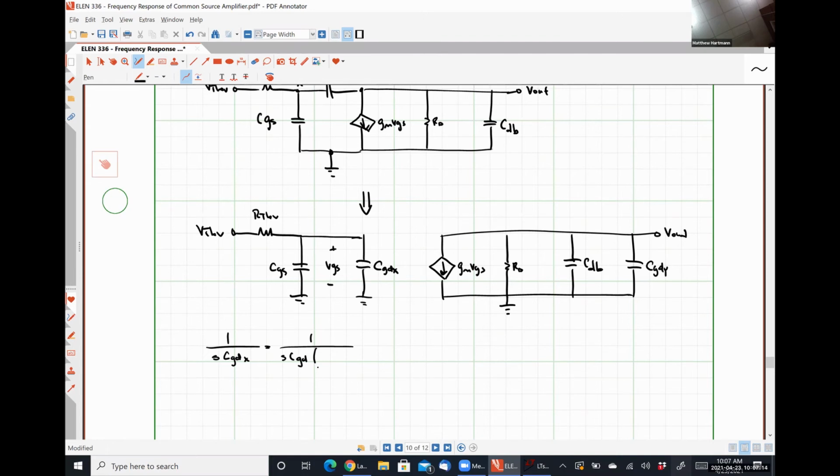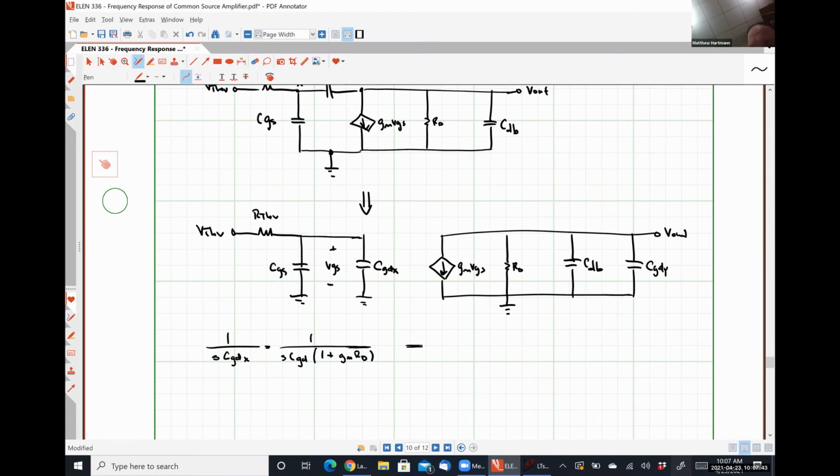Since this is a common emitter amplifier with no source degeneration, that's just negative GM RD. So this part is going to be 1 minus K as we defined it when we talked about the Miller effect, and is here going to be 1 plus GM RD. So we call this the Miller multiplication factor.